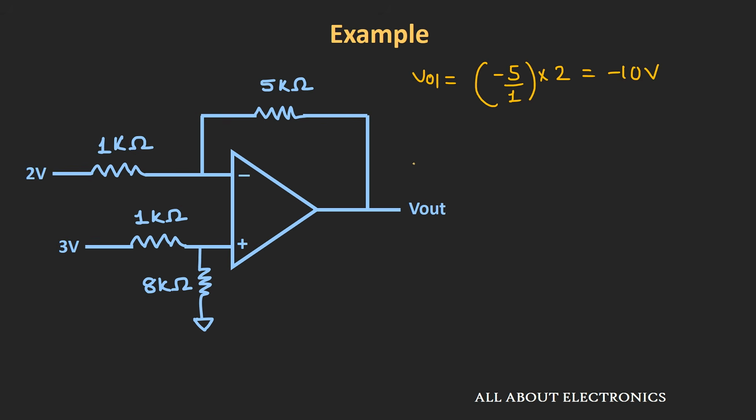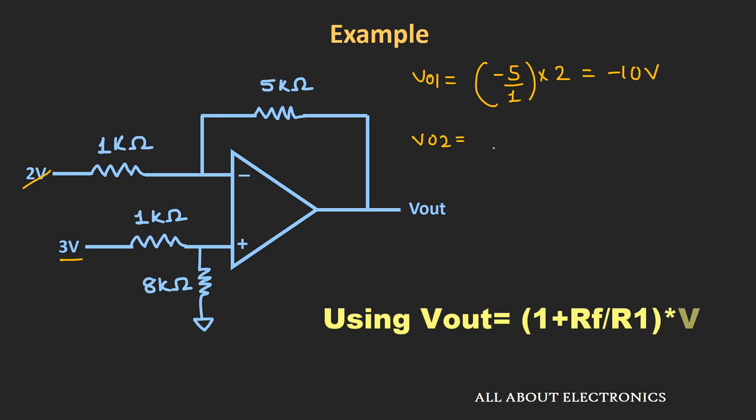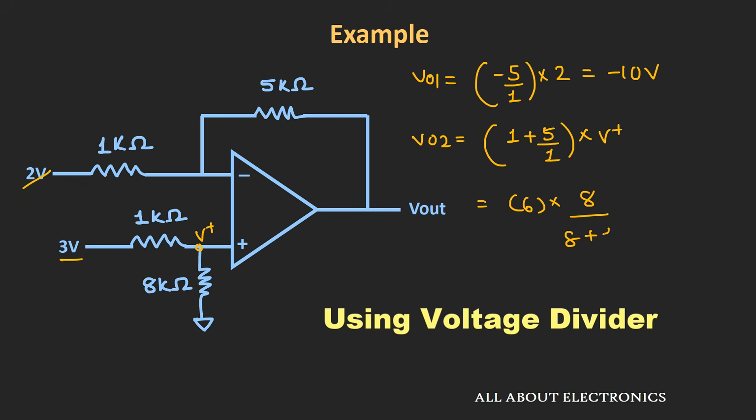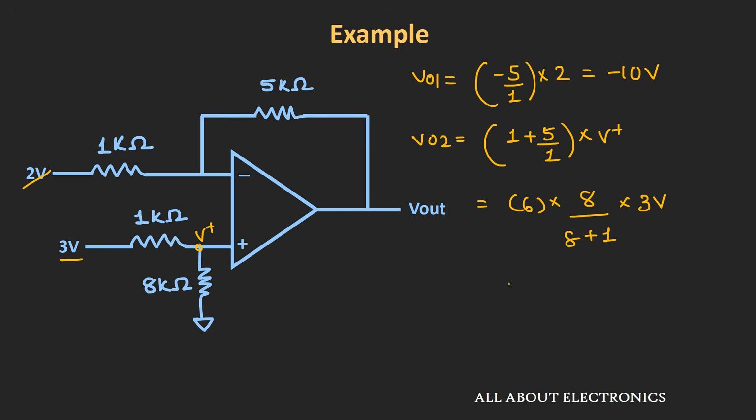Similarly, if we assume that this 3 volt voltage source is acting alone and this 2 volt voltage source is equal to 0, then our output voltage, let's say VO2, will be equal to 1 plus 5 divided by 1 times this voltage V plus, and here this voltage V plus is equal to 8 divided by 8 plus 1 times this input voltage, that is equal to 3 volt. So our output voltage VO2 will be equal to 16 volt.